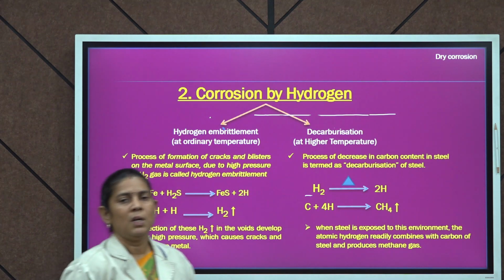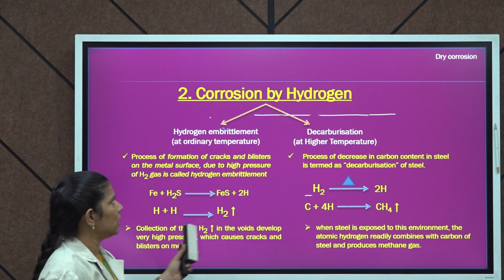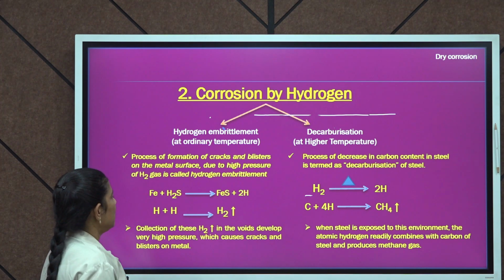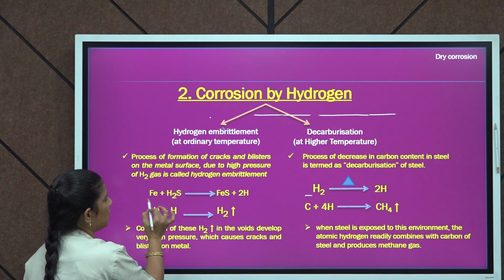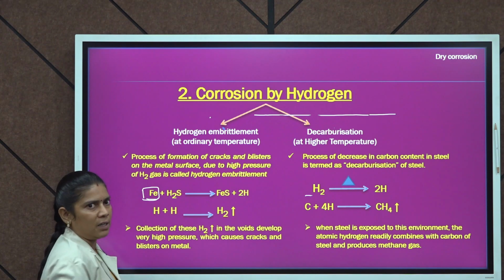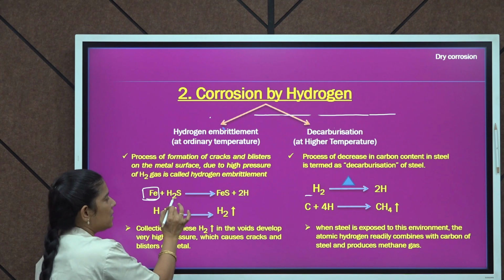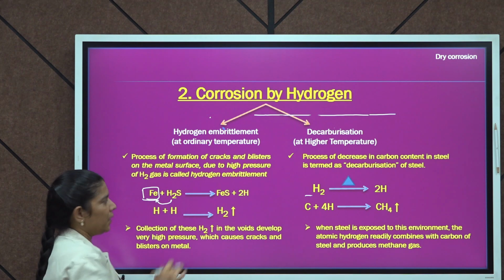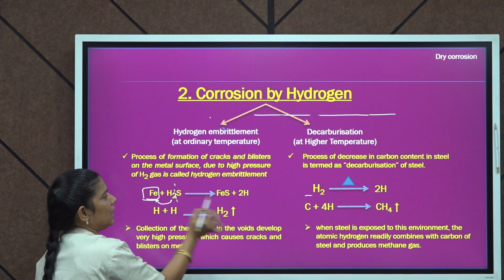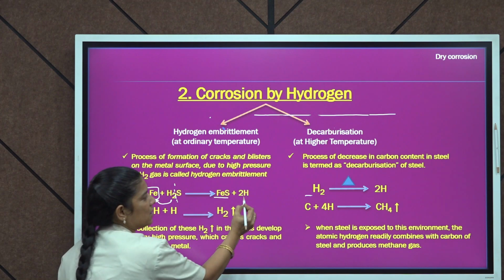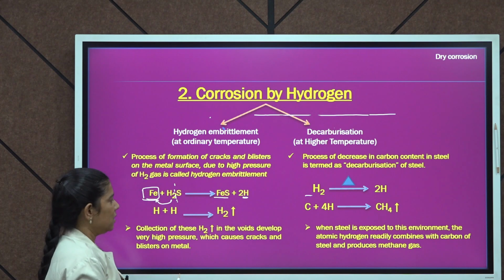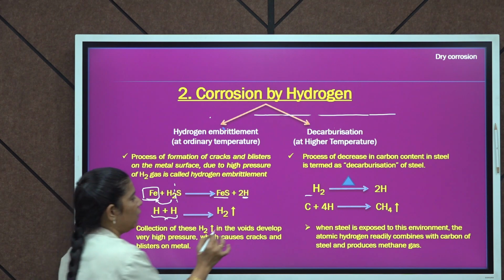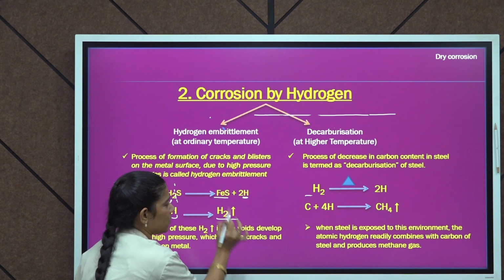The second type is corrosion by hydrogen. Look at the reaction first; the rest we will discuss later. This is a metal surface made of iron. Atmospheric gases contain hydrogen sulphide, which reacts with Fe and converts it into FeS, and atomic hydrogen is released. This atomic hydrogen recombines and converts into hydrogen gas.